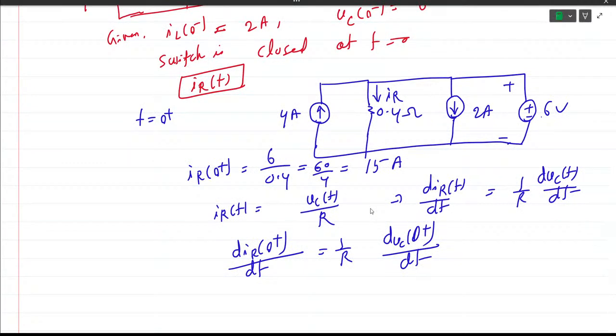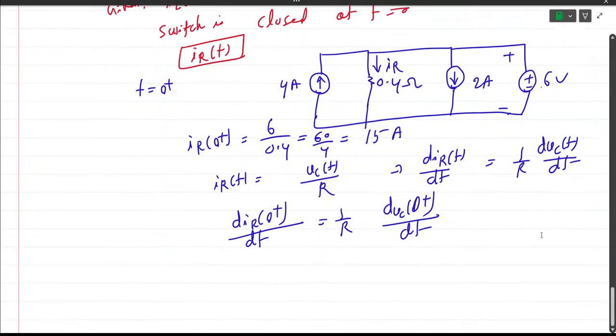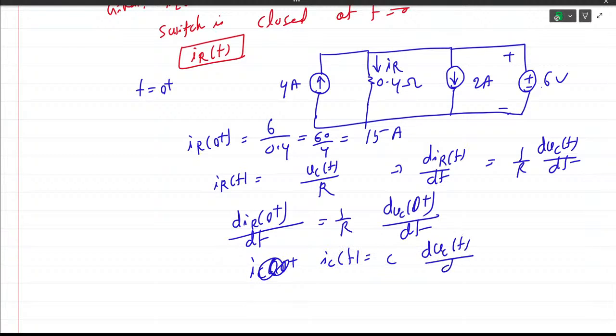But how to find dVC(t) upon dt? Because we know that IC(t) is equal to C dVC(t) upon dt, right?